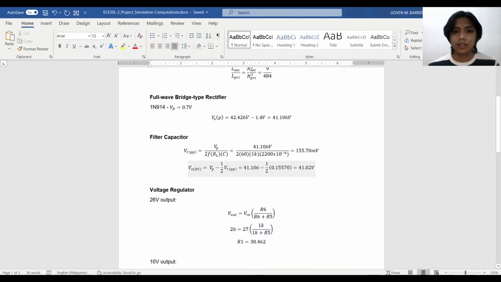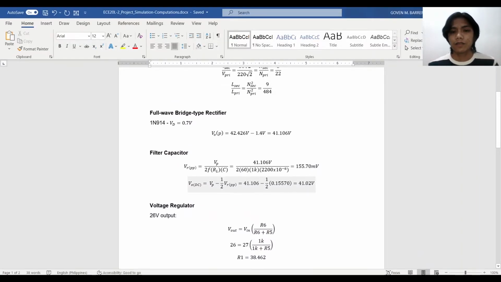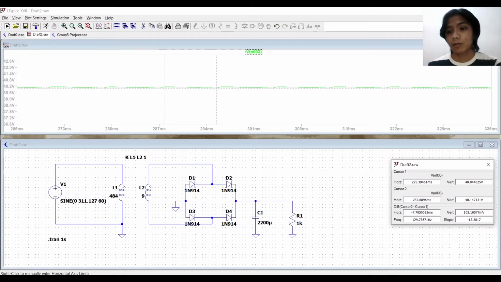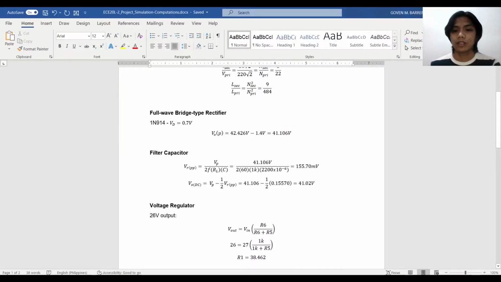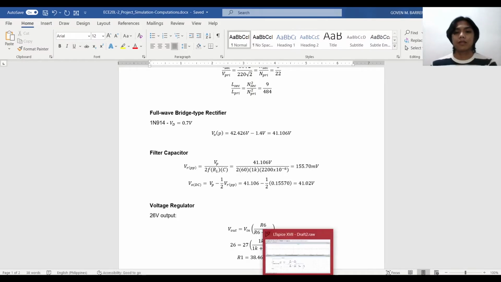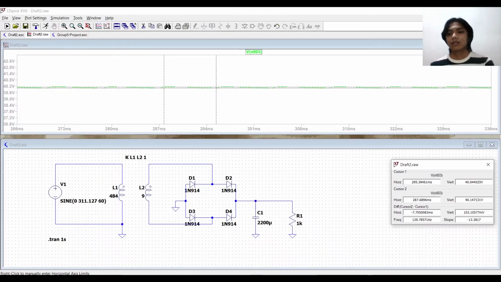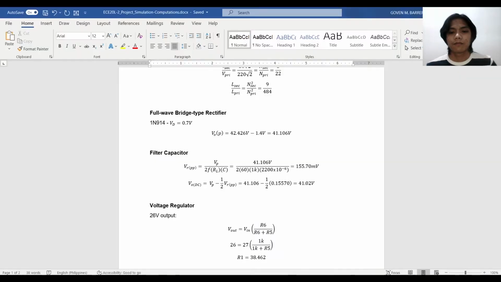So that is the value that we have computed because it is already somewhat smoothened to a point wherein the Zener diode does not have to smoothen it any further. So as you can see, there is some sort of large discrepancy, but this value is already negligible since we are already in the millivolts scale. So yeah.